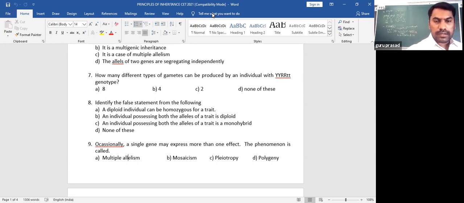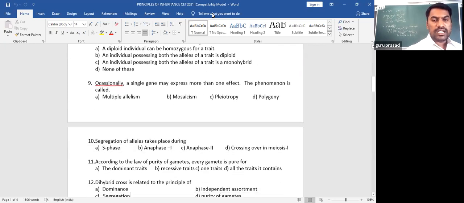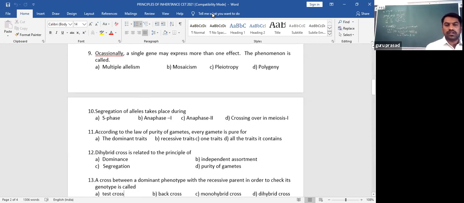So next, segregation of alleles takes place during. So when you find the separation of alleles from two chromosomes, basically alleles are on two chromosomes. When they separate, when you find that segregation, they're asking S phase? No, S phase is the synthetic phase where the DNA replicates.